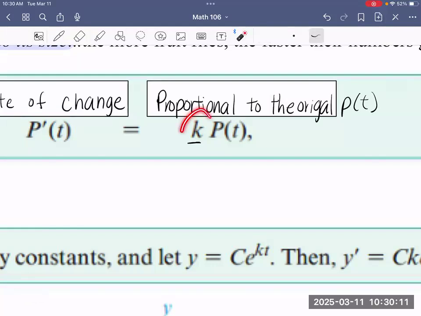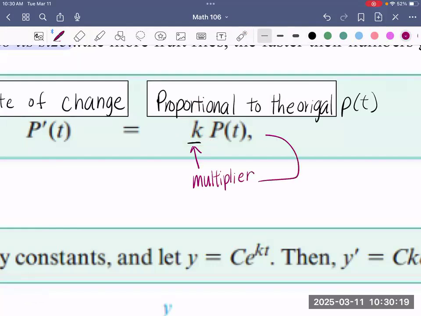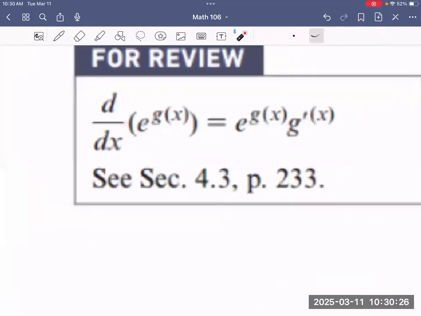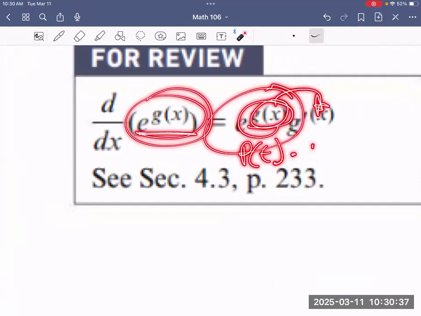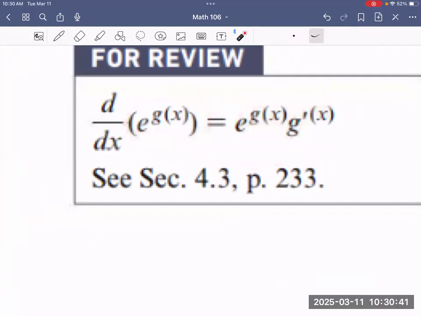So we have some sort of multiplier here, because keep in mind the derivative of e is itself. That is P of t times the derivative from the chain rule, with your g, which is going to be some sort of multiplier.